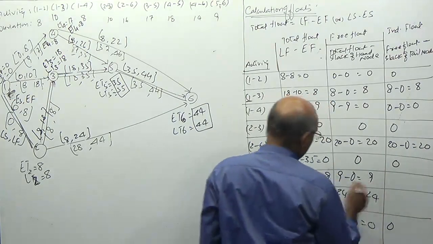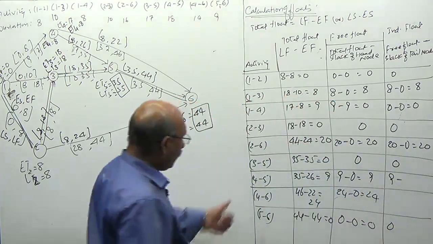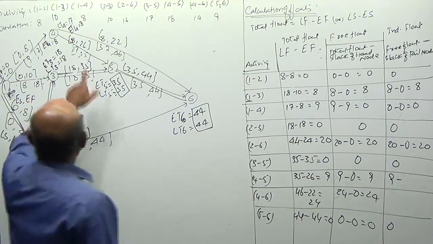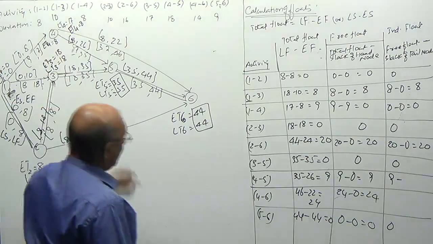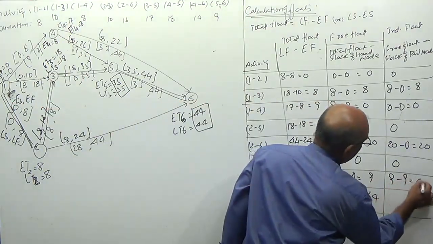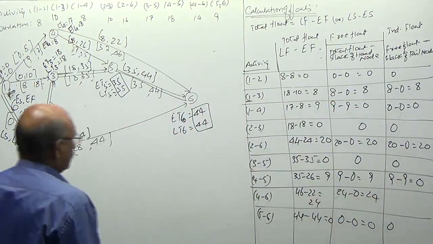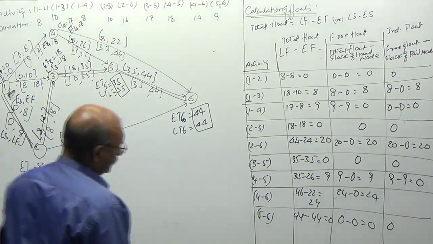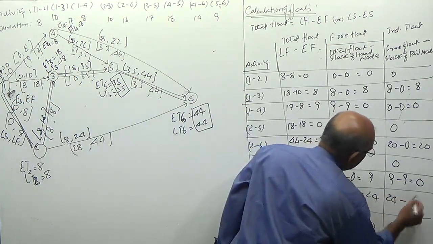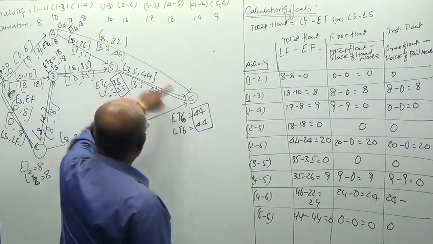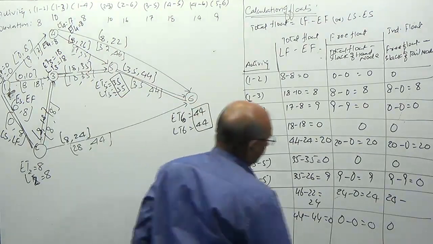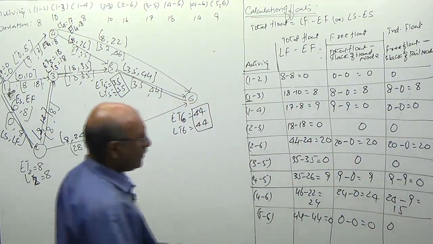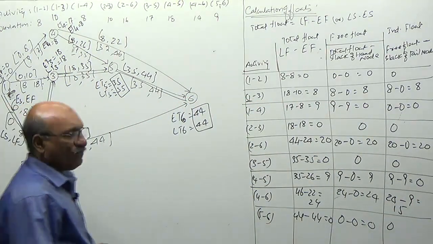Next, 4-5 activity: 4 is the tail node. 17 minus 8, 9. This is 0. Then 4-6: 4 is the tail node, 9. 15. This is 0. This is the way you have to calculate the float.